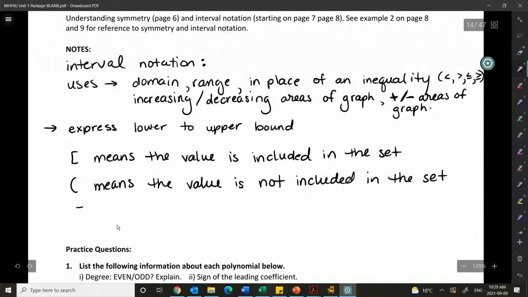Okay, negative and positive infinity always have a round bracket because they can't be contained, right? They will go on forever, as Rebecca said.